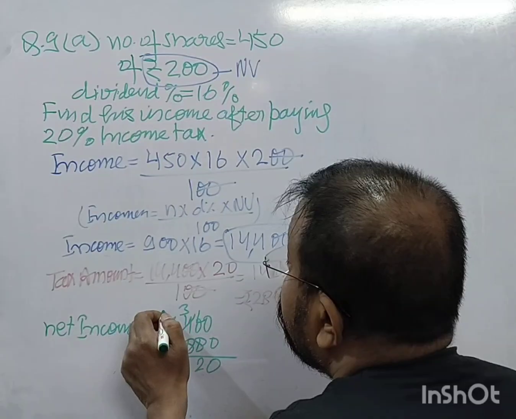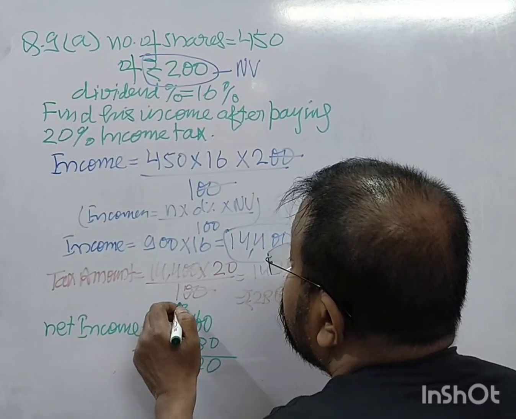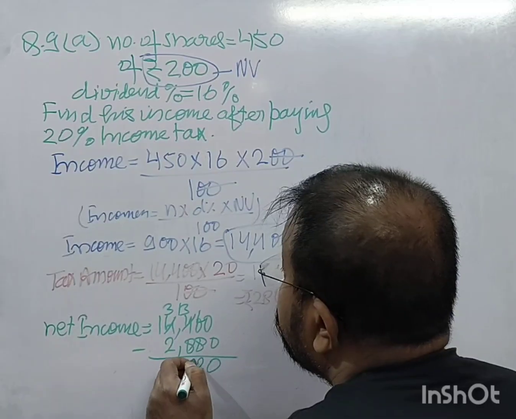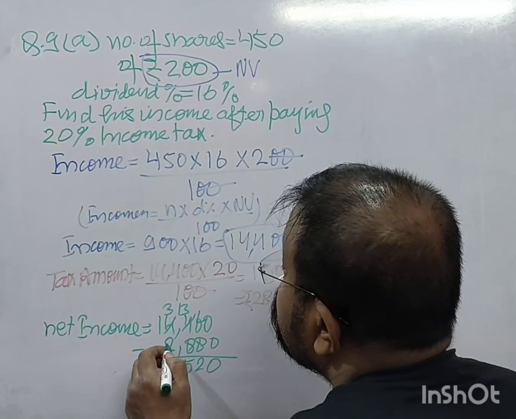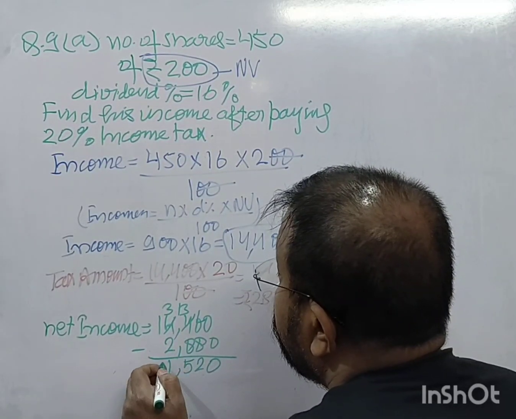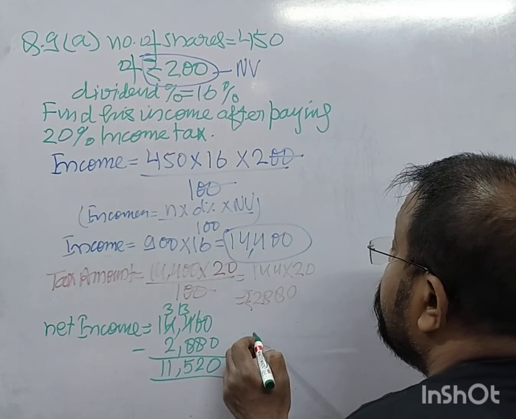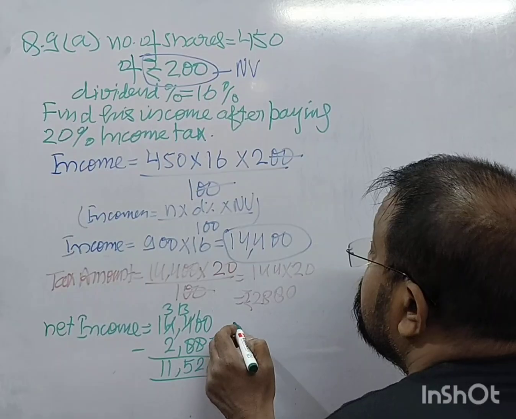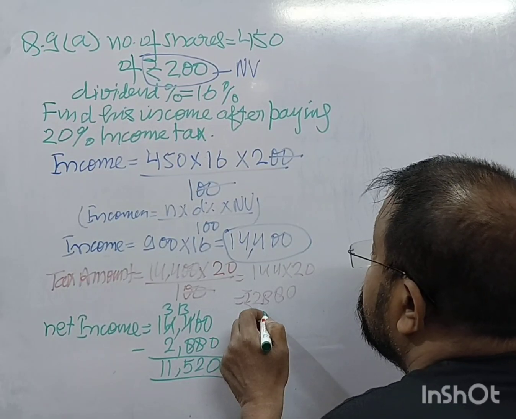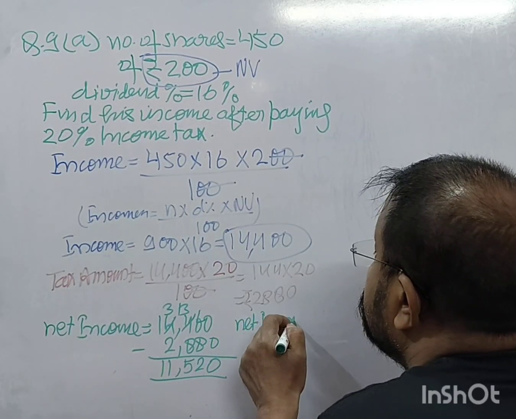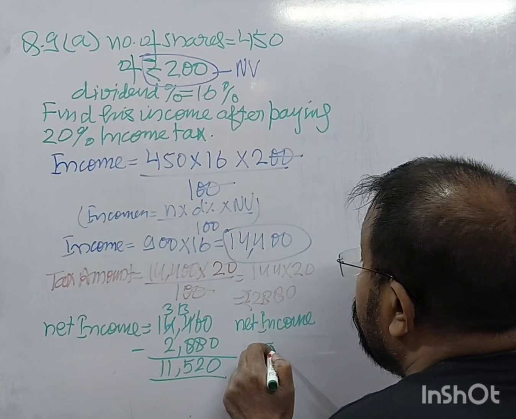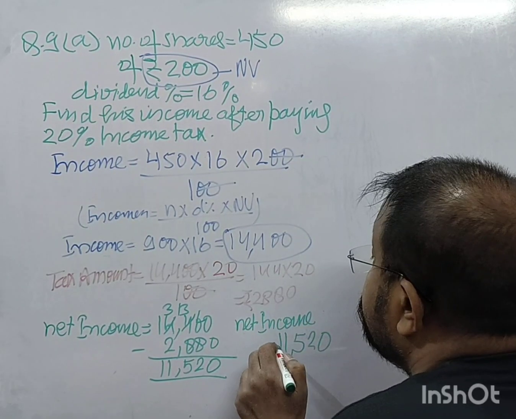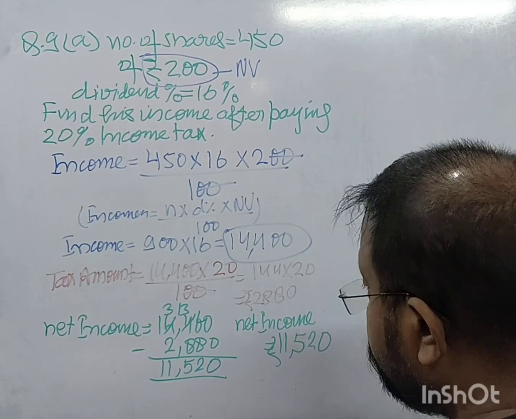You have taken 3 from here, it is 13. 13 minus 8 becomes 5. 3 minus 2 becomes 1, and 1. So net income is equal to 11,520 rupees.